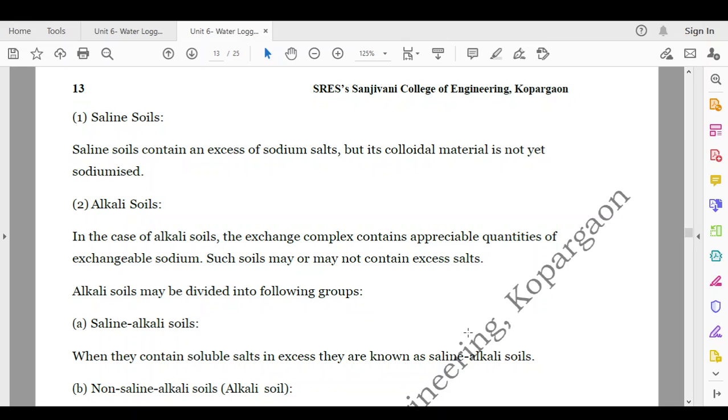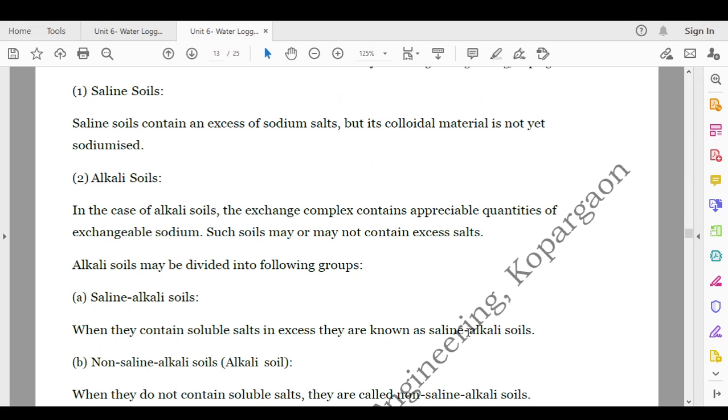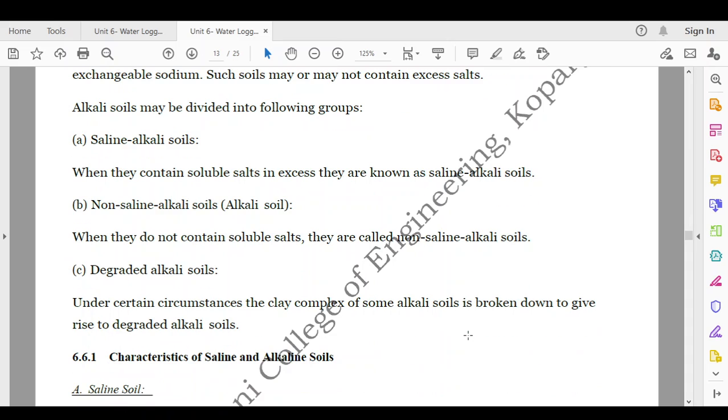Alkali soils may be divided into the following groups. Basically there are two broad types, saline soils and alkali soils, and alkali soils will have the following subtypes. First is the saline alkali soils. When they contain soluble salts in excess, they are known as saline alkali soils.